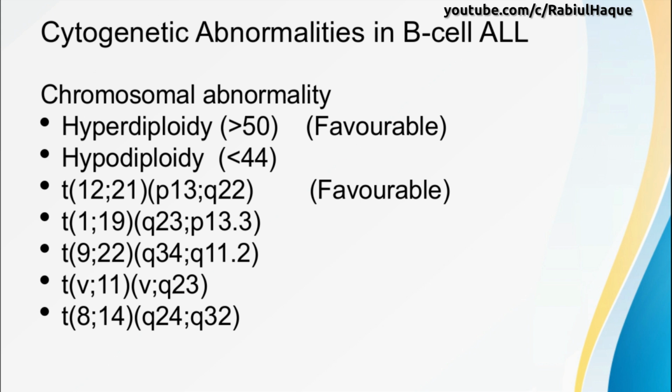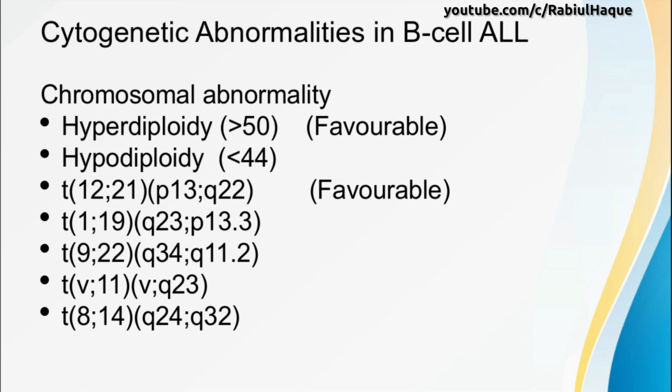Now, in the third bullet point, we can see that there is translocation between chromosome number 12 and chromosome number 21, and such translocation is the most common specific abnormality that we see in childhood B-cell acute lymphoblastic leukemia.